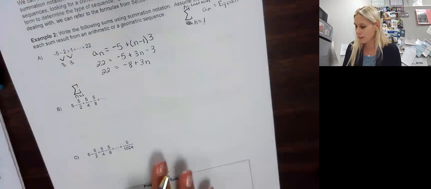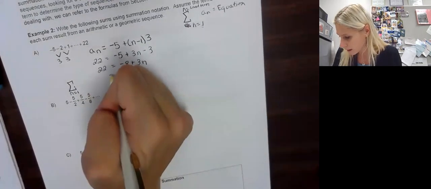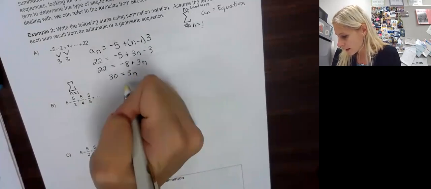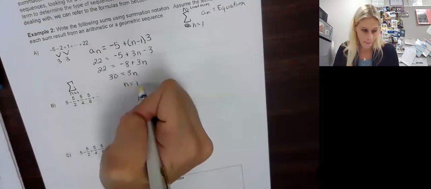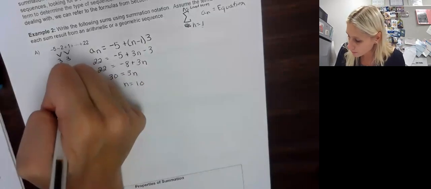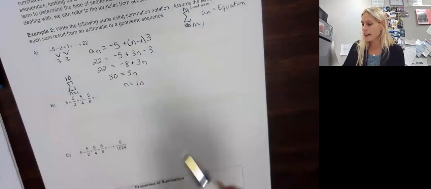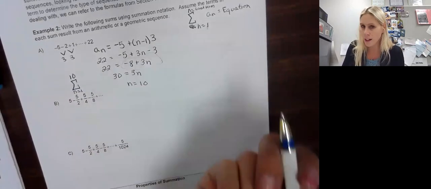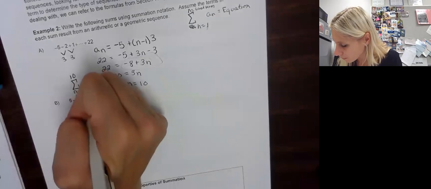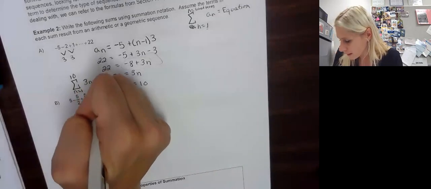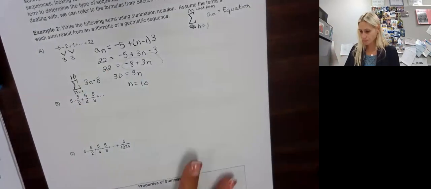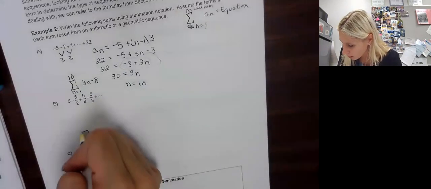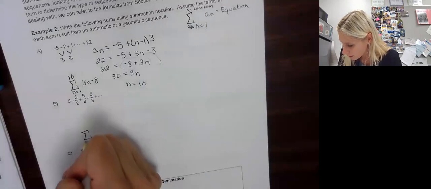And I can start solving, right? So I'm going to add 8 to both sides. So I get 30 equals 3n, n equals 10. So I know we are going to term 10. And like I said, you could put this in for the equation, or you can put the simplified version, and I'm going to put the 3n minus 8 there. Done.